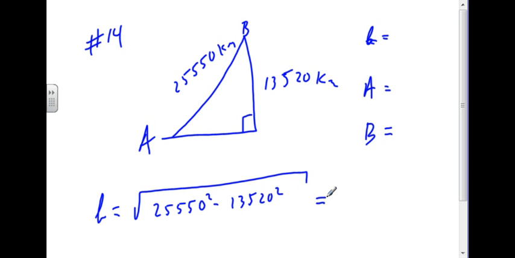Second function, square root 25550 squared minus 13520.